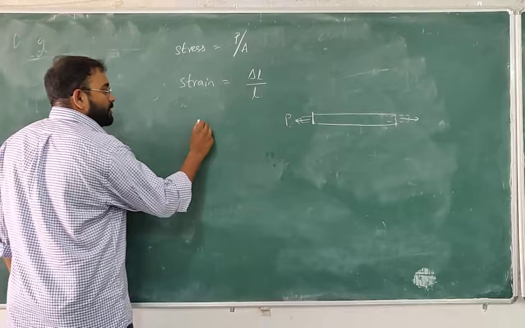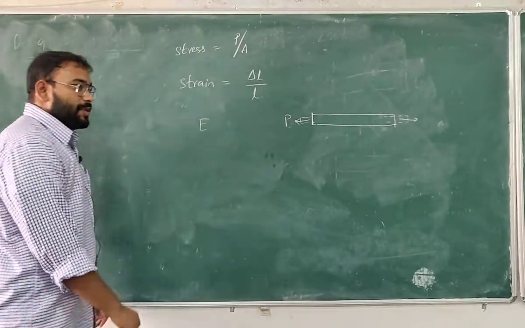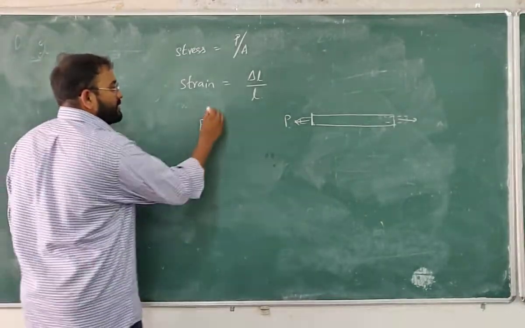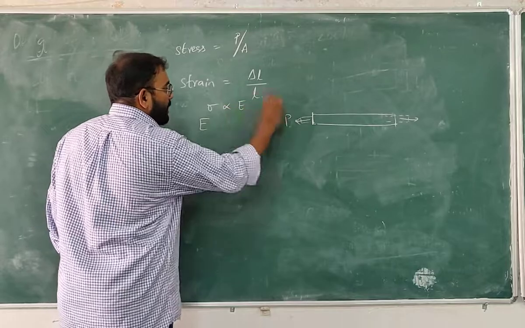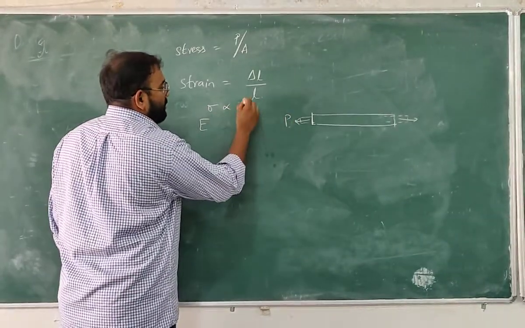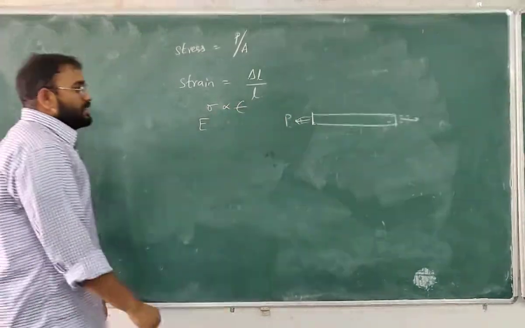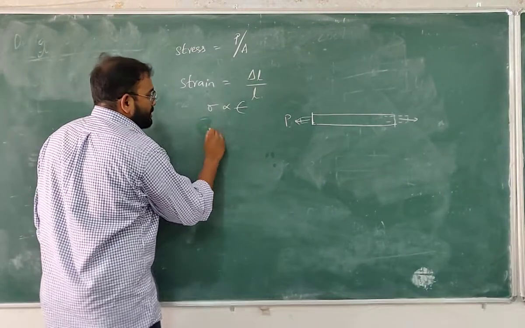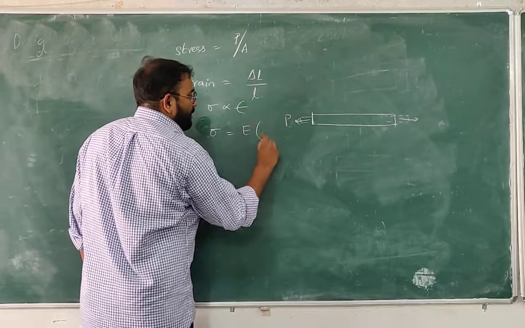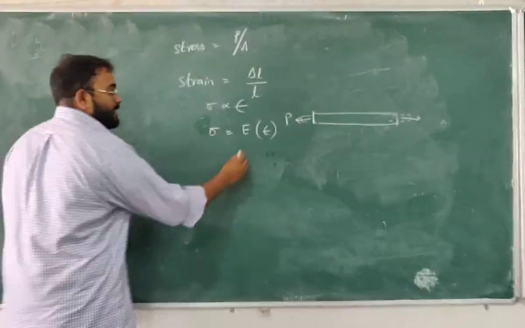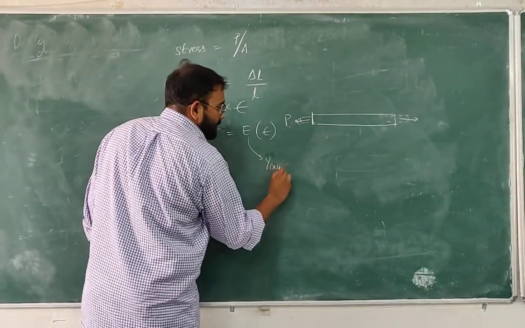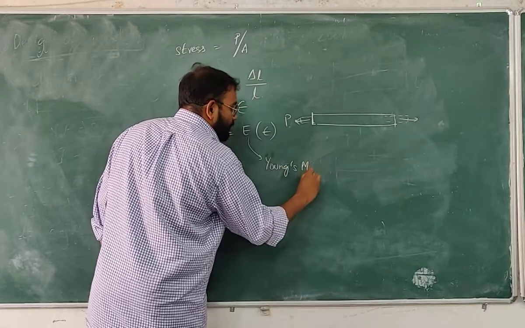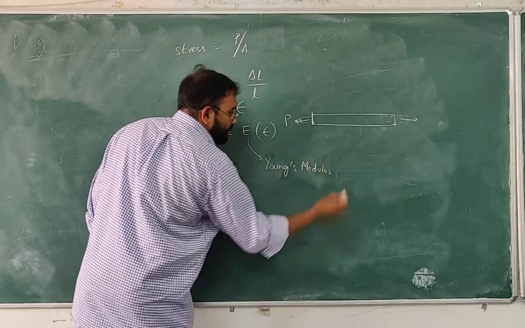Also we have discussed Young's modulus. We said strain was directly proportional to the stress within the elastic limit. So we got stress is equal to E multiplied by epsilon, where E is termed as Young's modulus, or modulus of elasticity.